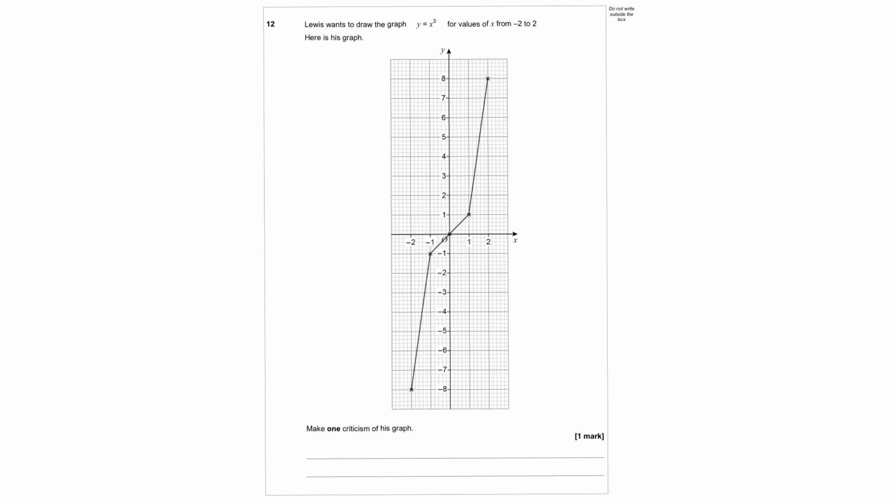The graph should be curved. So obviously I'm not expecting you to draw over it in the exam, but I'm just showing you what it should look like. So it should look like that, something like that. But notice how it's more curved. So sorry, Lewis, make it curved next time.